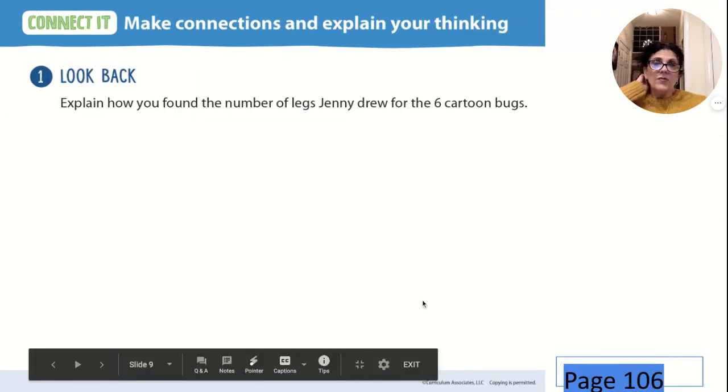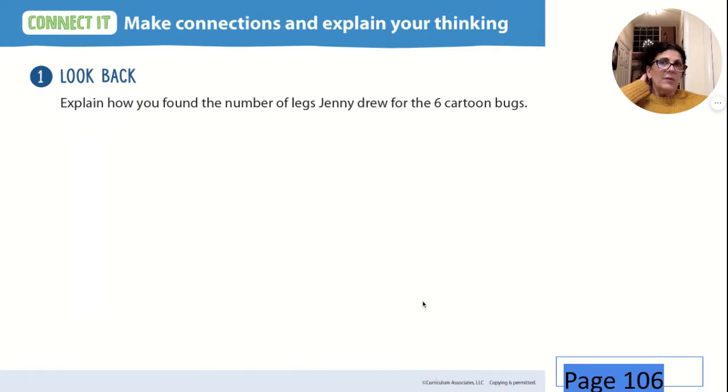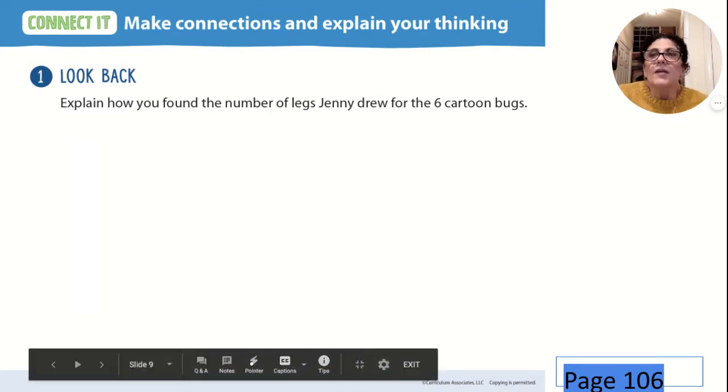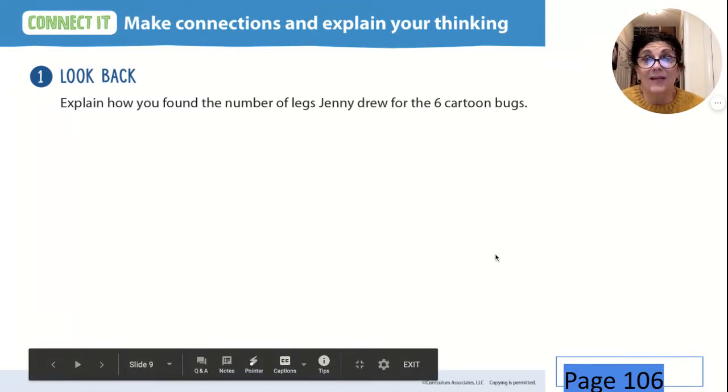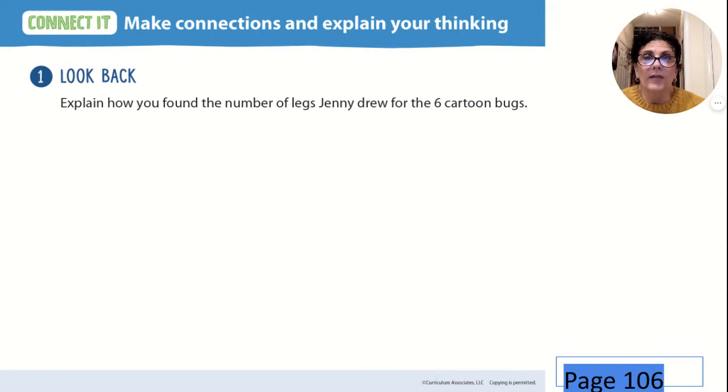Now, also on page 106, you have the look back section where you're making connections and explain your thinking. Explain how you found the number of legs Jenny drew for the 6 cartoon bugs. Well, I kind of just did that. I walked you through that process. So you could pause for a moment and then write it down.